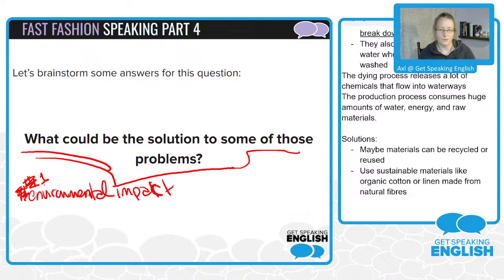Yeah, you said organic, so use sustainable and organic materials like cotton and linen, made from natural fibers. Because if something is made from something natural, then it's going to be able to break down more easily, right? And go back into nature and sort of continue the natural cycle, right? So that's definitely a good idea.